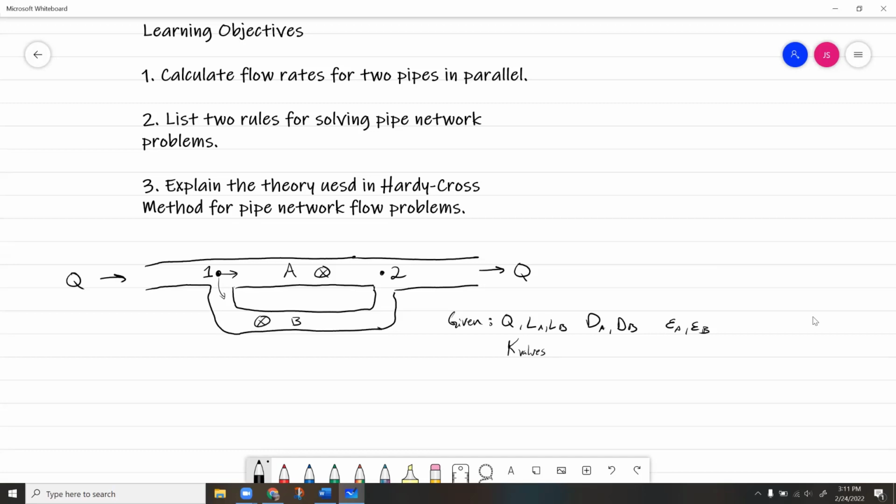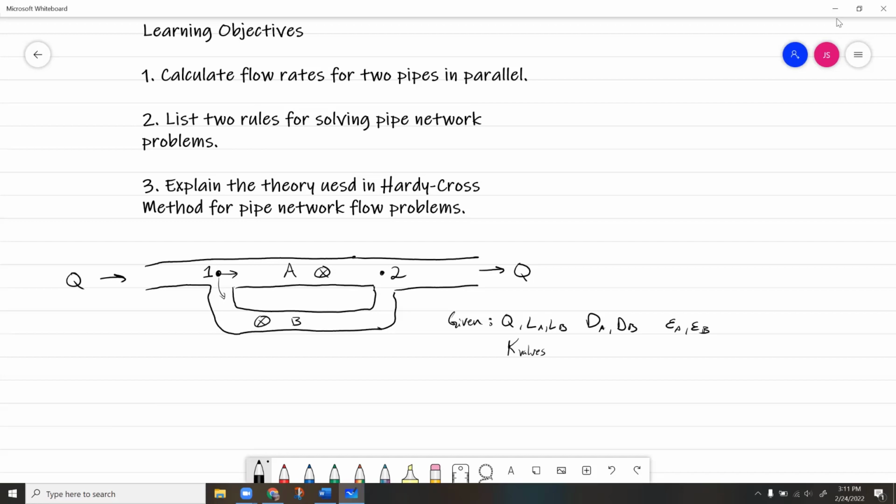So take a minute to think: based on the energy equations or based on all the different things that we know, what equations can we use to figure out how much flow goes from A to B? And this is the stuff that we've covered up to this point.